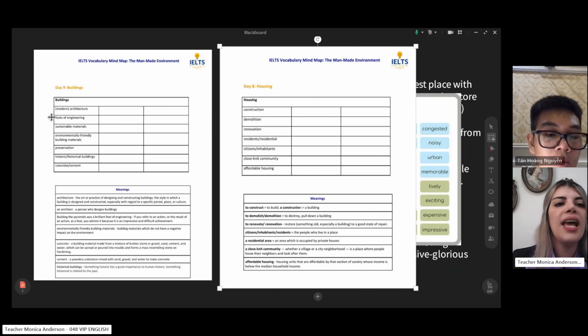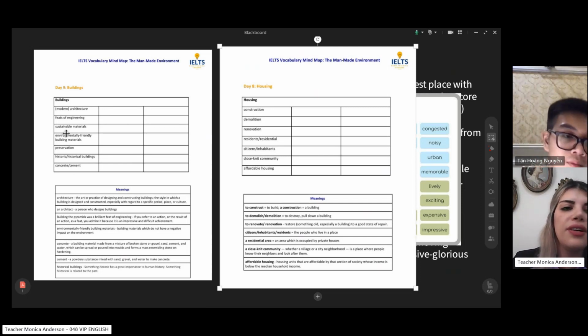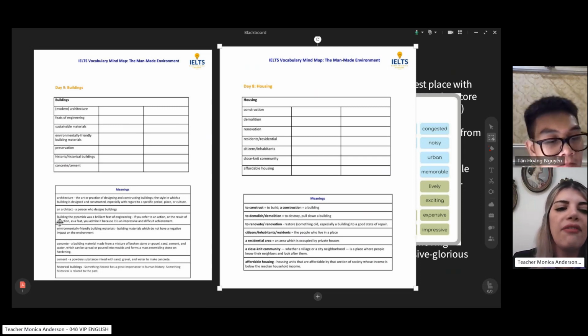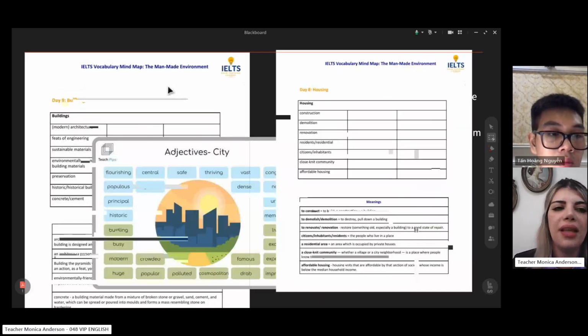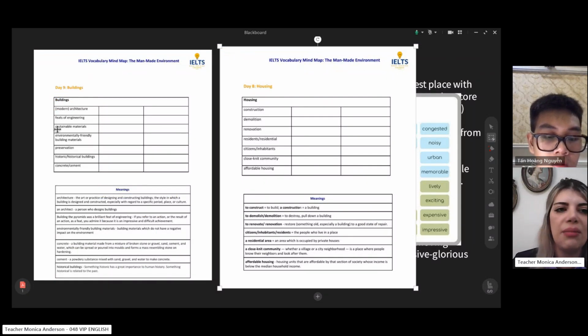And we have sustainable materials that can be used to construct a building, and there are different materials. For example, we have cement and concrete. And we have environmentally friendly building materials. Some materials are eco-friendly, for example wood.